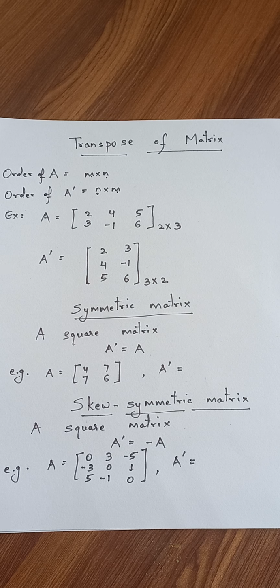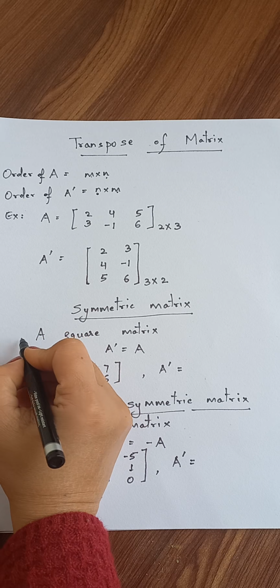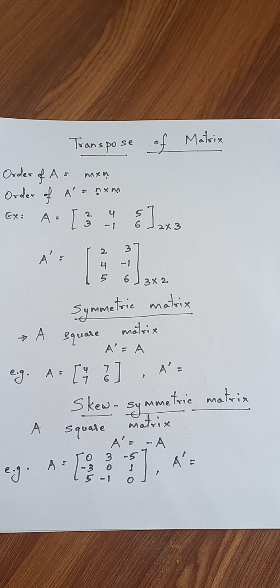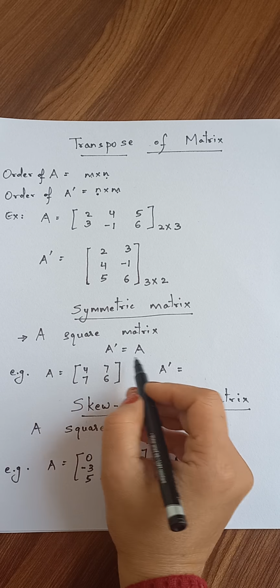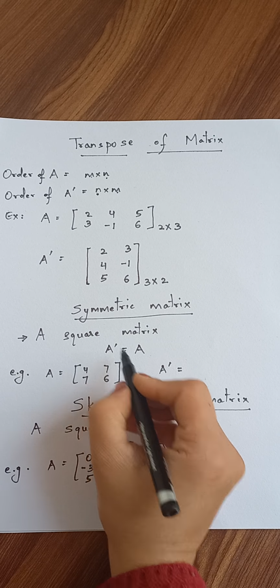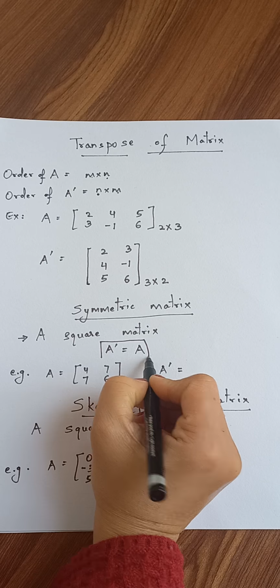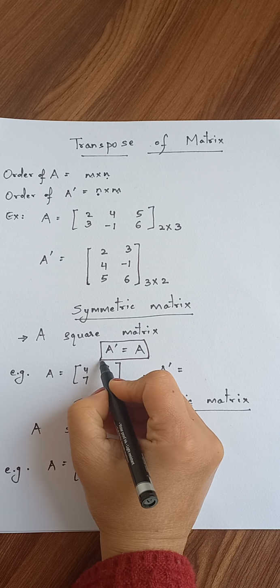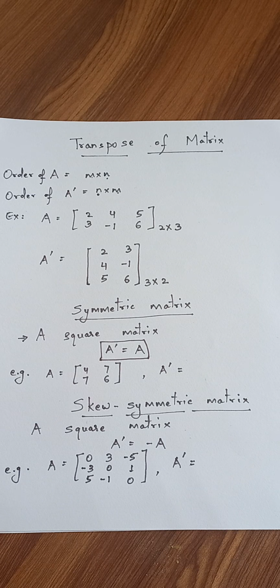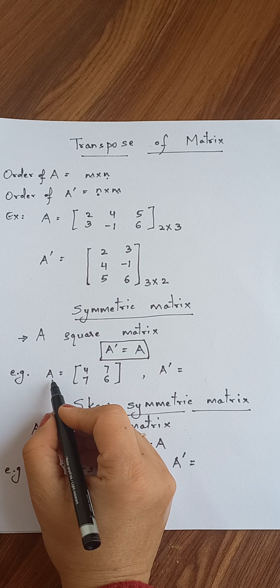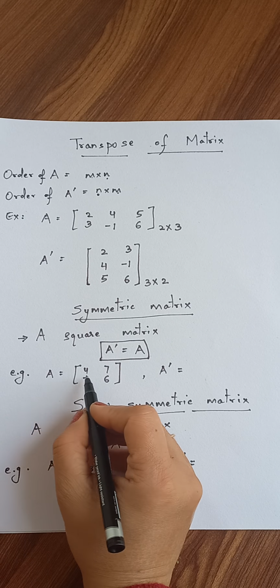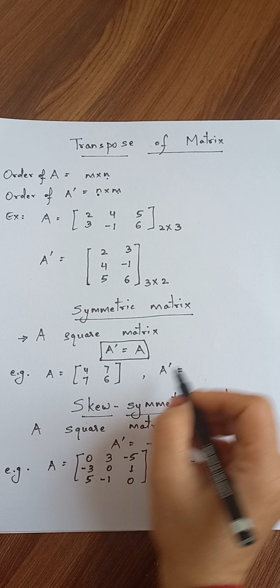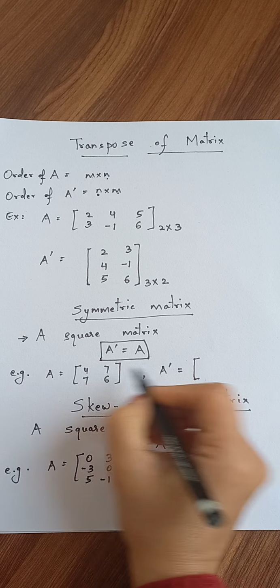Now moving ahead to symmetric matrix. First of all, the very essential condition is that it must be a square matrix, such that the transpose of that matrix must be equal to that matrix. This is a symmetric matrix. For example, we are provided with some matrix A whose values are given. Now we have to find its transpose.